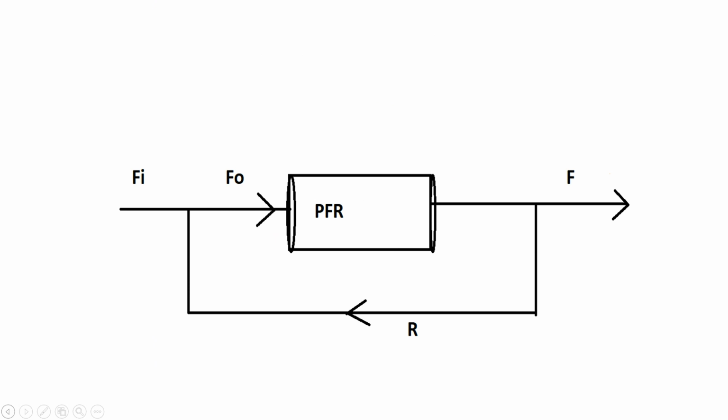You can see here this is our PFR, this is the inlet, and this is the recycle stream, and this is the actual volumetric flow rate entering the reactor, and this is the output.